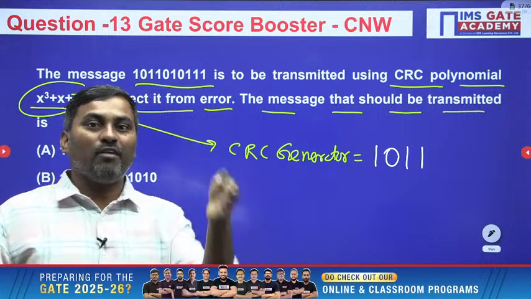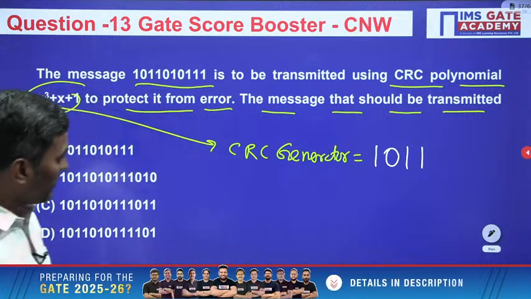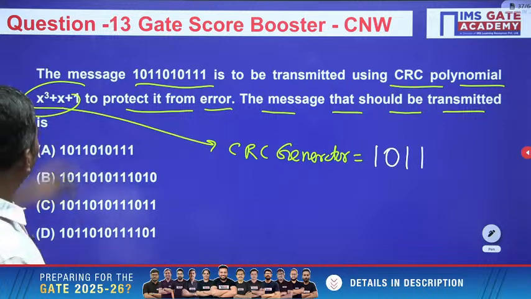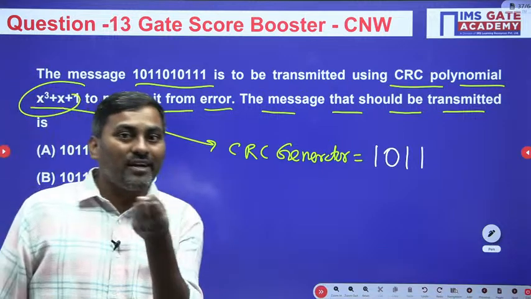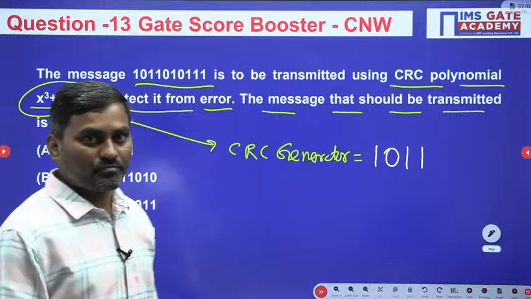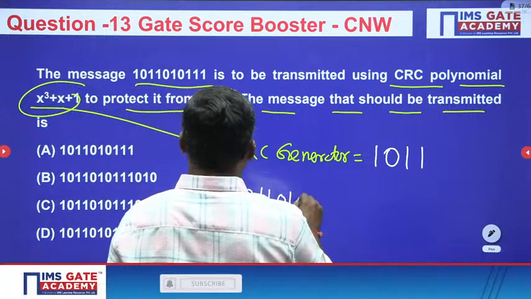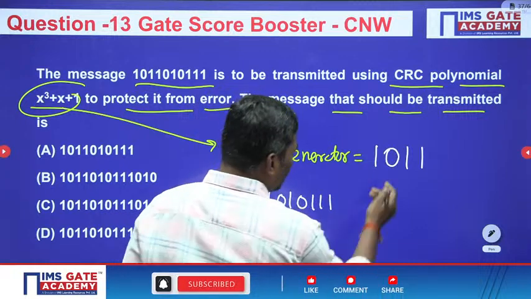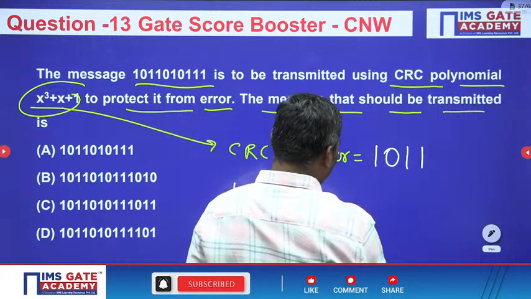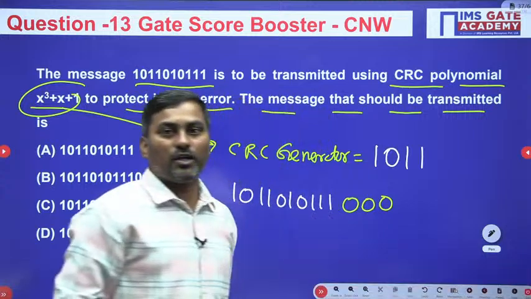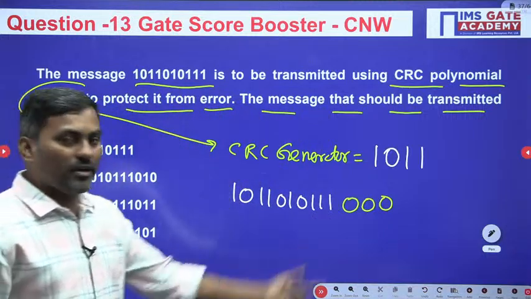So what is the degree of the polynomial? That is the redundant data we should add. The message is 10110, 10111. For this, three zeros, the redundant data, you should add.